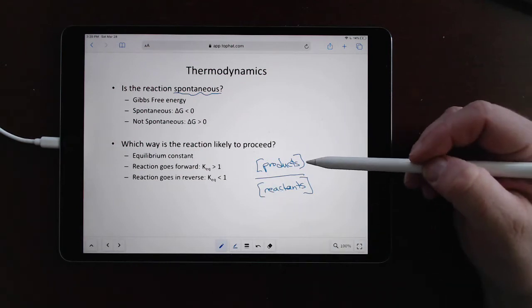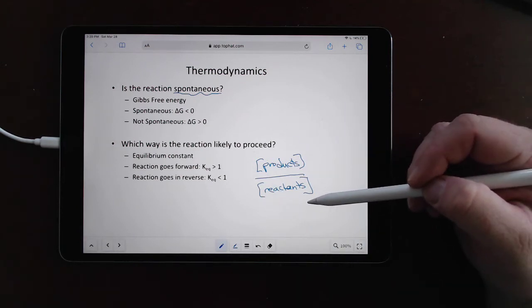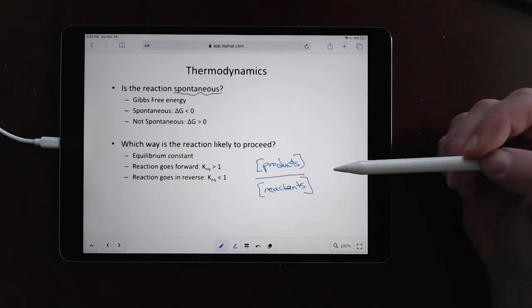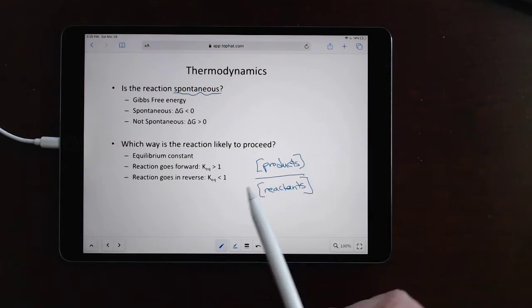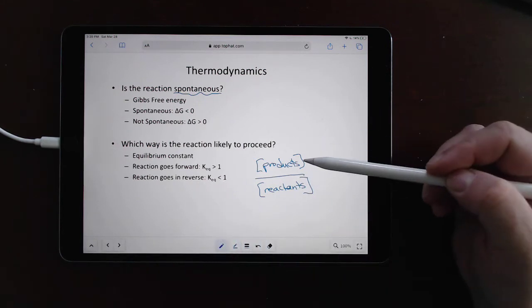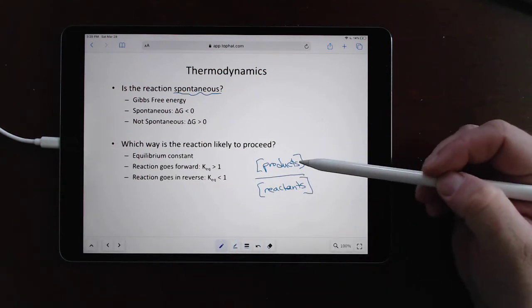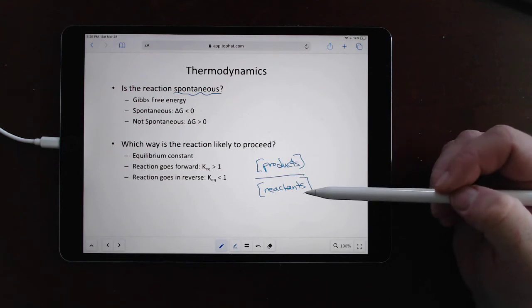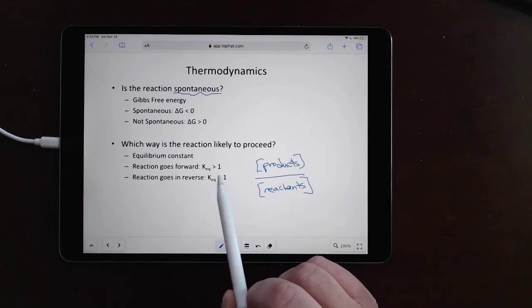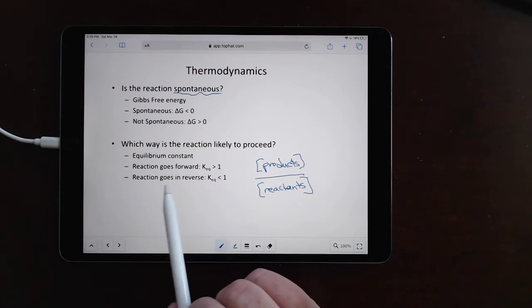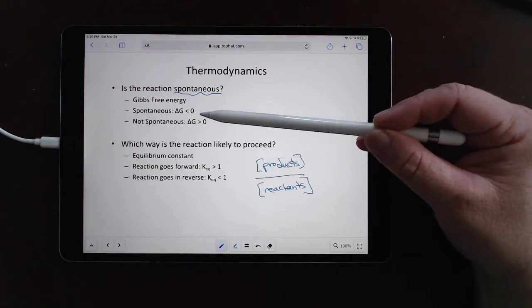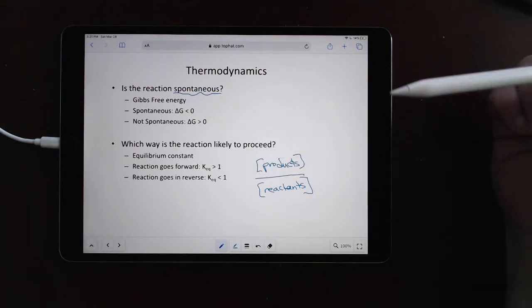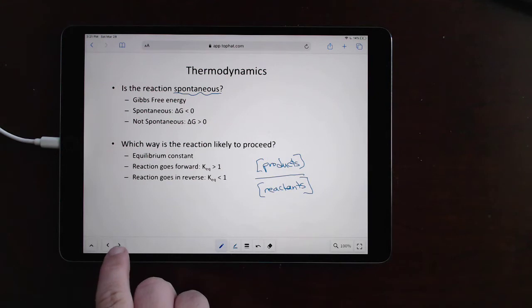If this was 10 and this was 1, the equilibrium constant would be 10, because you've got a lot of products and not many reactants. If it's less than 1, say 1 to 10, then the equilibrium constant would be 0.1. If it's below 1, the reaction actually favors the reactants. So you can look at the equilibrium, or you can look at the delta G, and they track very similarly.